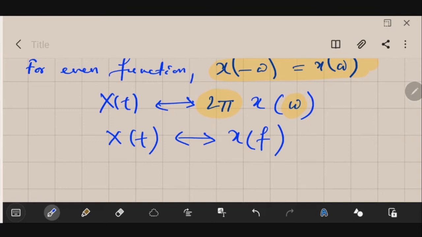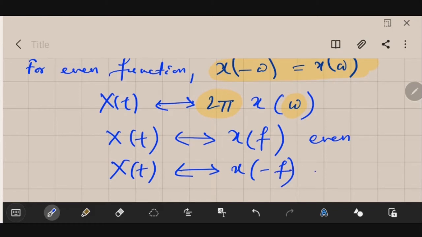This is for an even function, and for odd functions it will be x of t after Fourier transform is x of minus f. If I replace omega by f, then only these things will hold true, otherwise not.